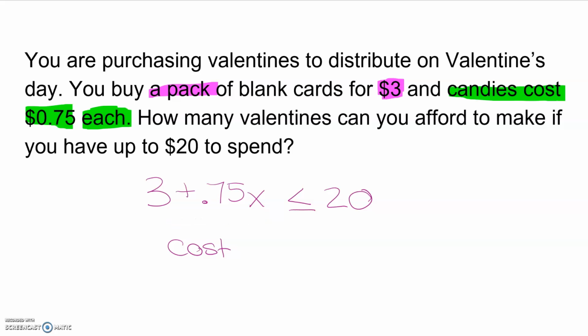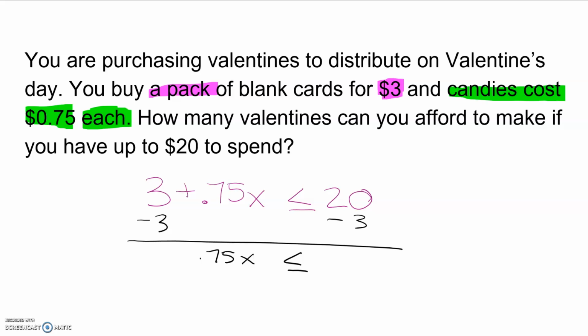So I'm going to erase this word cost just for a second. To solve this, I would start by subtracting 3 from both sides. Now I have 0.75x is less than or equal to 17. And I'm going to divide by 0.75 on both sides. I'll need my calculator.